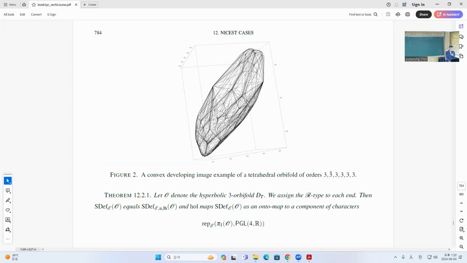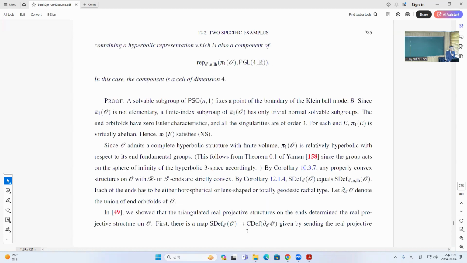So this is an example of a developing map here. You take this hyperbolic 3-orbifold and you assign an R-type to each end. Then this is actually equal to this, and this maps onto the components of these spaces, and also these.